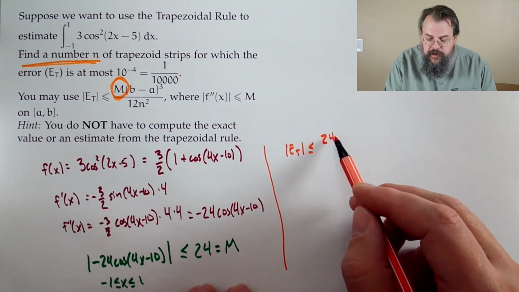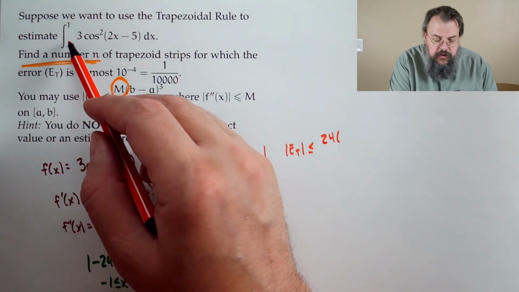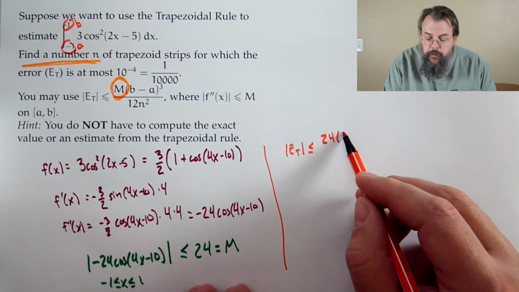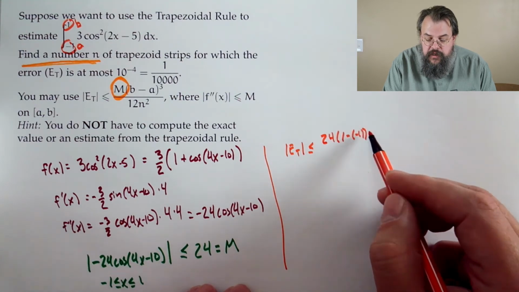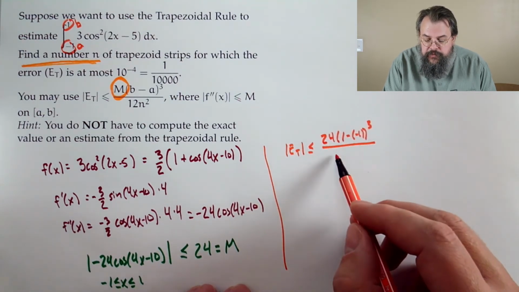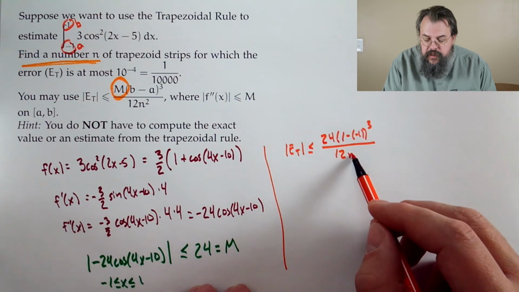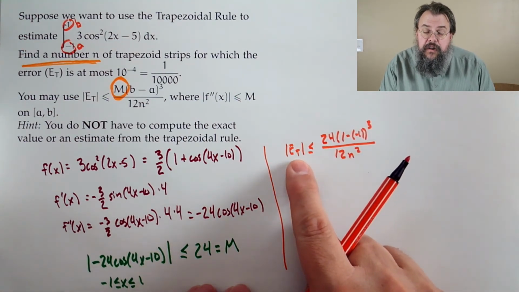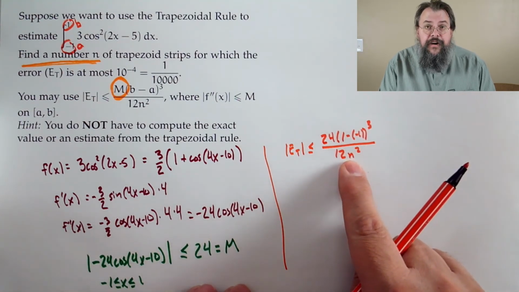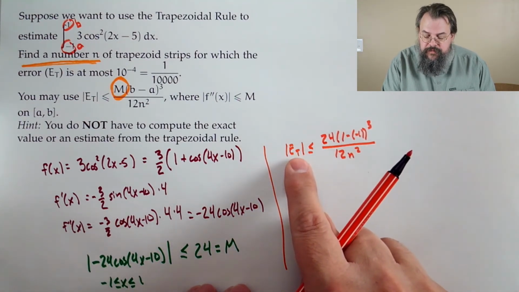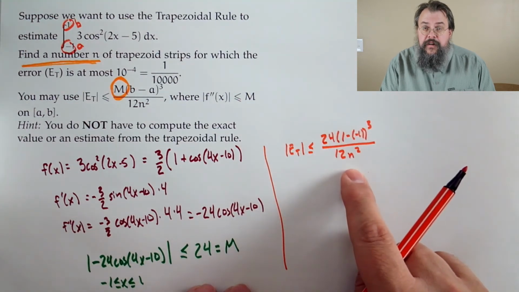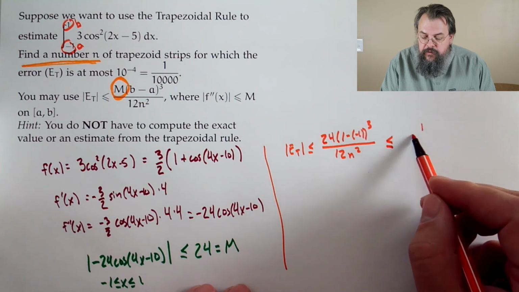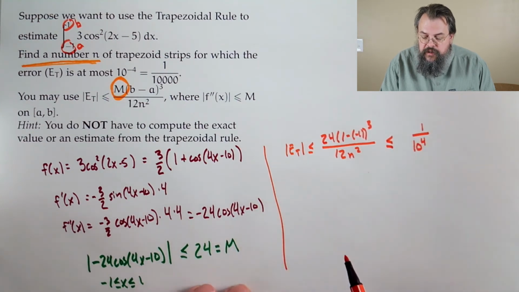Then B minus A, from A to B, would be 1 minus negative 1, cubed, over 12 n squared. If we want our error with the trapezoid to be small, it suffices to make this term small. So let's make that less than 1 over 10 to the 4th.